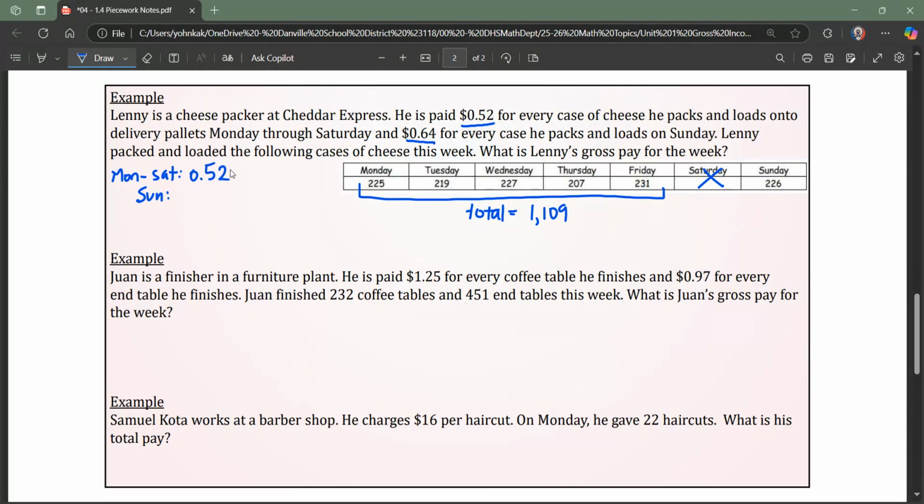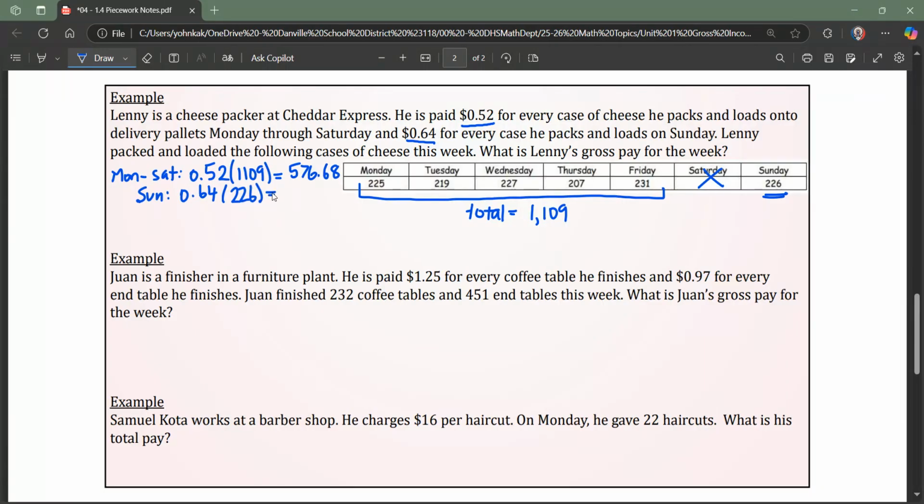So I'm going to take my rate for Monday through Saturday, which is 52 cents, and multiply by how many he put together, 1,109. That's going to give us $576.68 for Monday through Saturday. On Sunday, he earned 64 cents a case of cheese, and he did 226 of those.